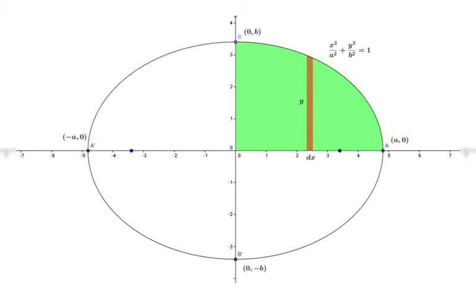Whenever you see dx, it means with respect to the x-axis. And that y which you see on the screen, you can get from the equation of the ellipse. So y into dx, which we have discussed earlier, and using that with the limit x equal to 0 to x equal to a.